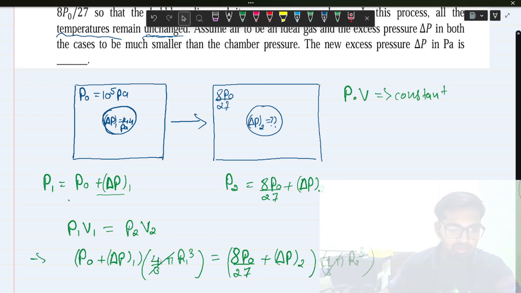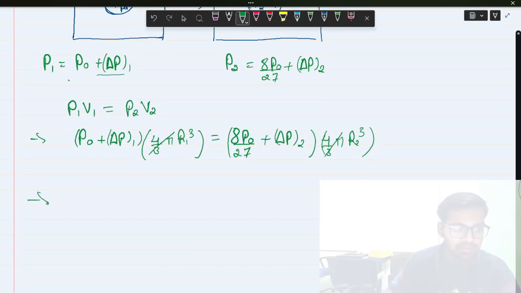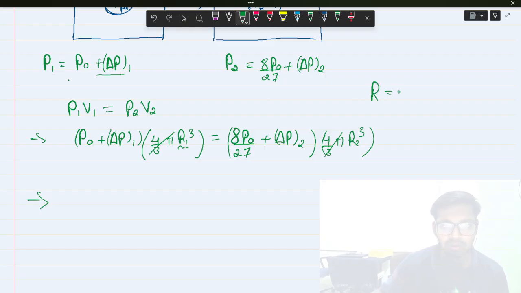Next, we can write the radius. The radius for this excess pressure is equal to 4T by the excess pressure.